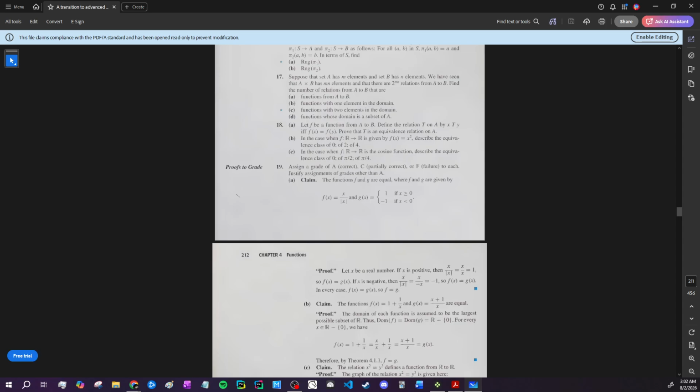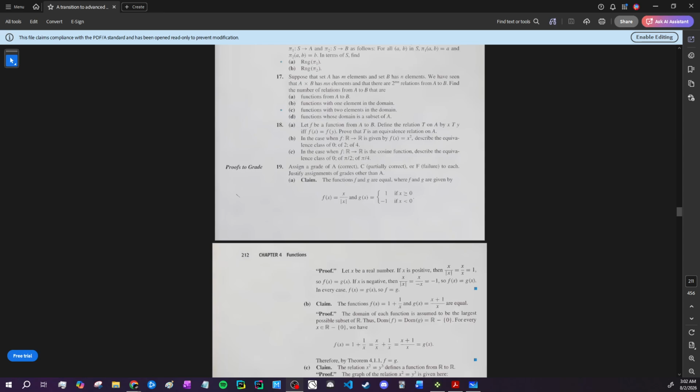F is a function from A to B. Define a relation T on A by: x is T-related to y if and only if f(x) is equal to f(y). Prove that T is an equivalence relation on A. Okay.